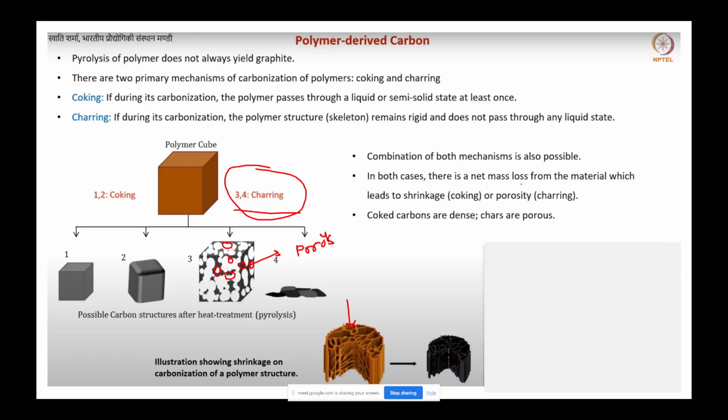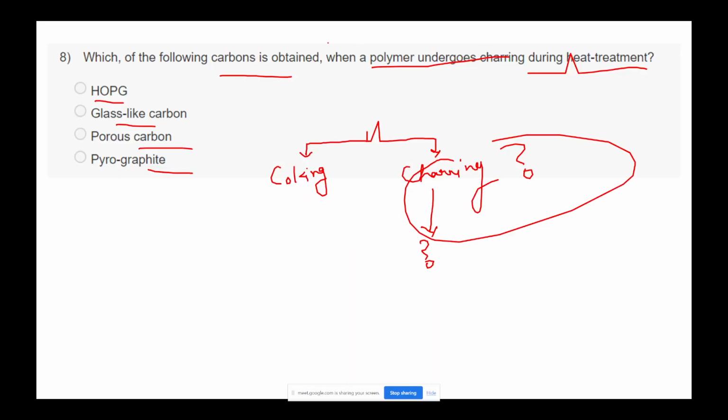In both cases there is net mass loss because of material loss, so in coking there will be shrinkage, and in charring there will be porosity. The coked carbon is mostly dense, and this one has pores. So again, the same slide, I will not spend so much time on this. In the polymer charring heat treatment, it will give a porous carbon.